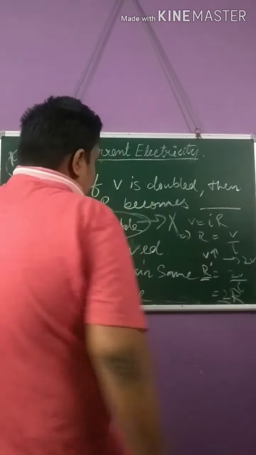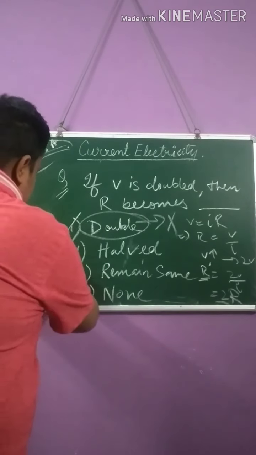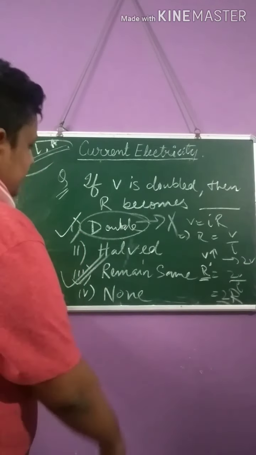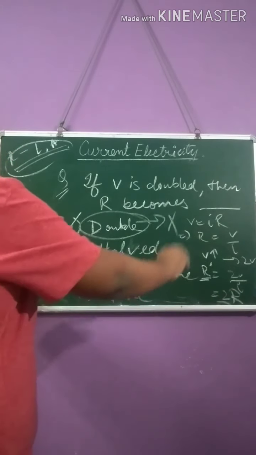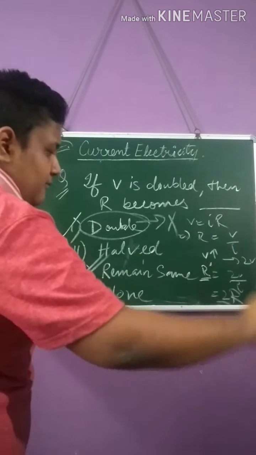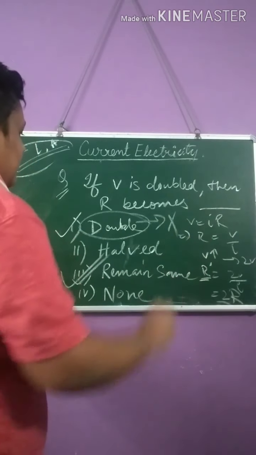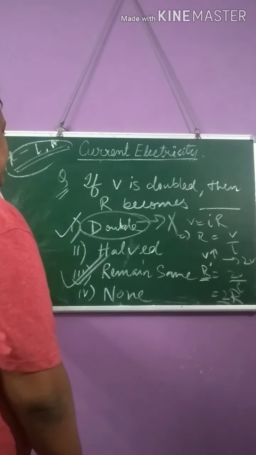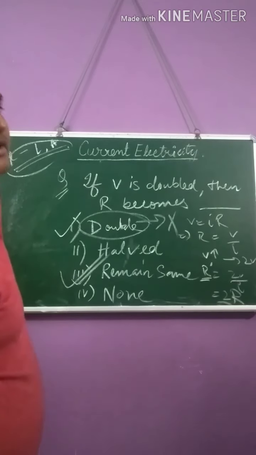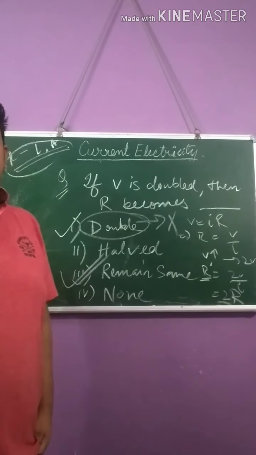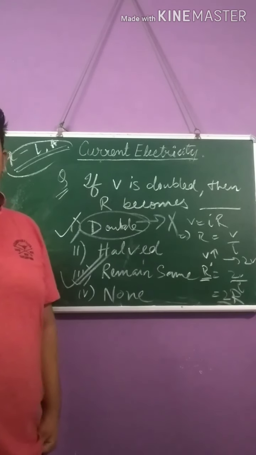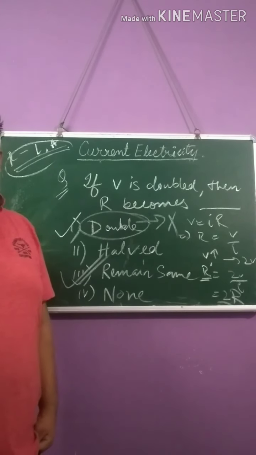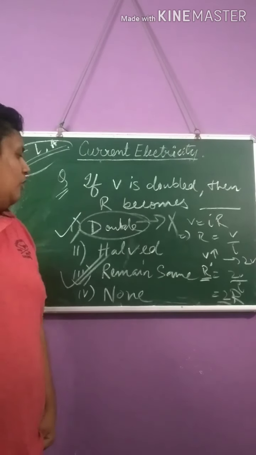The answer is that it remains the same, because the resistance of a circuit is always constant with respect to the potential difference and the current in the circuit. Or you can say the resistance of a circuit is independent of the potential difference across the two terminals of the battery as well as the current in the circuit. Hope it is clear.